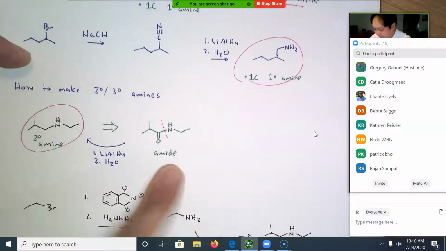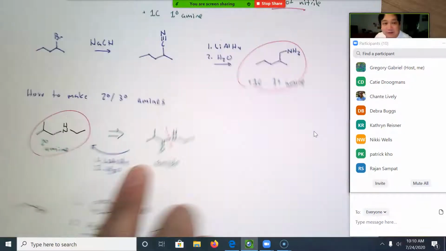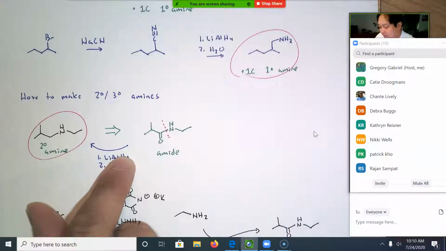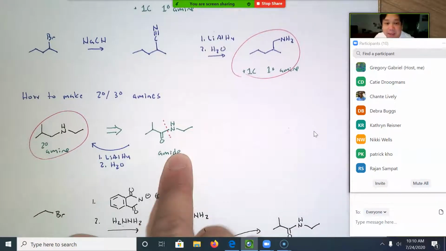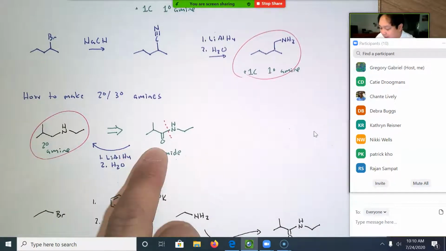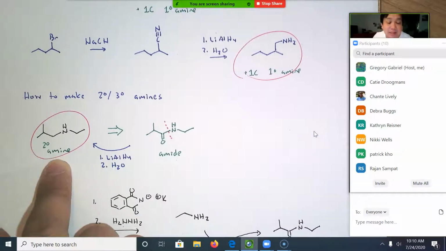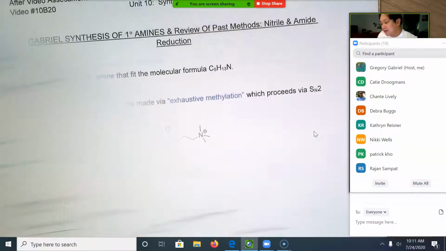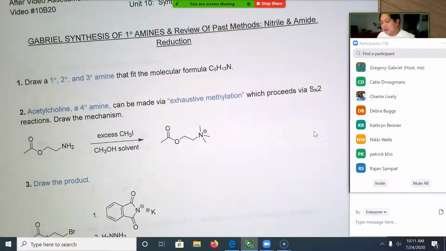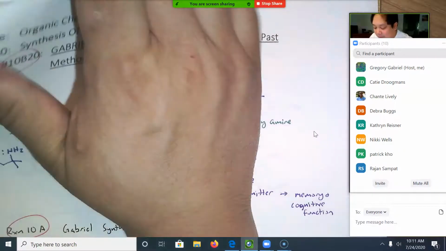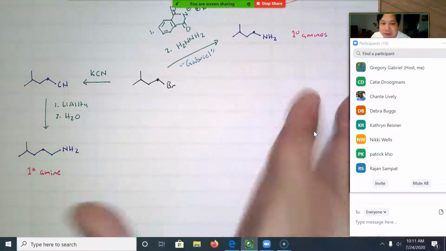Oh, here it is, right here. So we're going backwards. So here's your amide, and we're going to make it into an amine. In this case, I have a secondary amine. So I challenge you to figure out how to put that amide reduction on this roadmap.